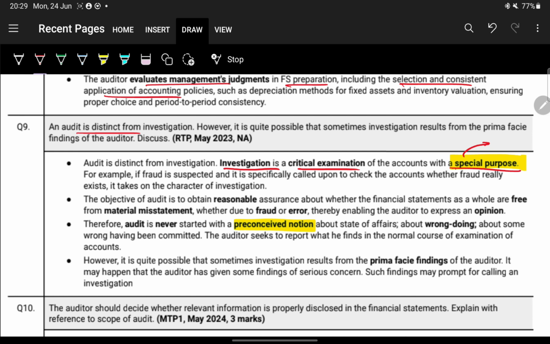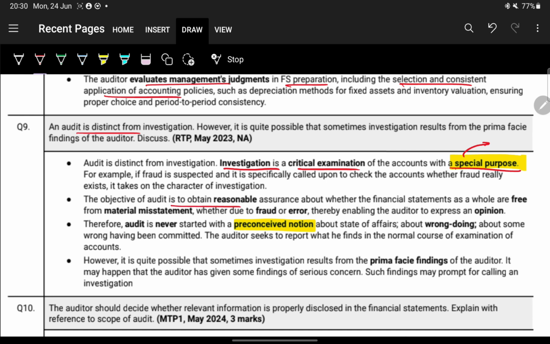In audit there's no specific purpose, there's only the overall objective of obtaining reasonable assurance and expressing an opinion that the financial statements are free from material misstatement, whether due to fraud or error. That is audit. But in investigation these procedures are applied only with a specific purpose in mind.